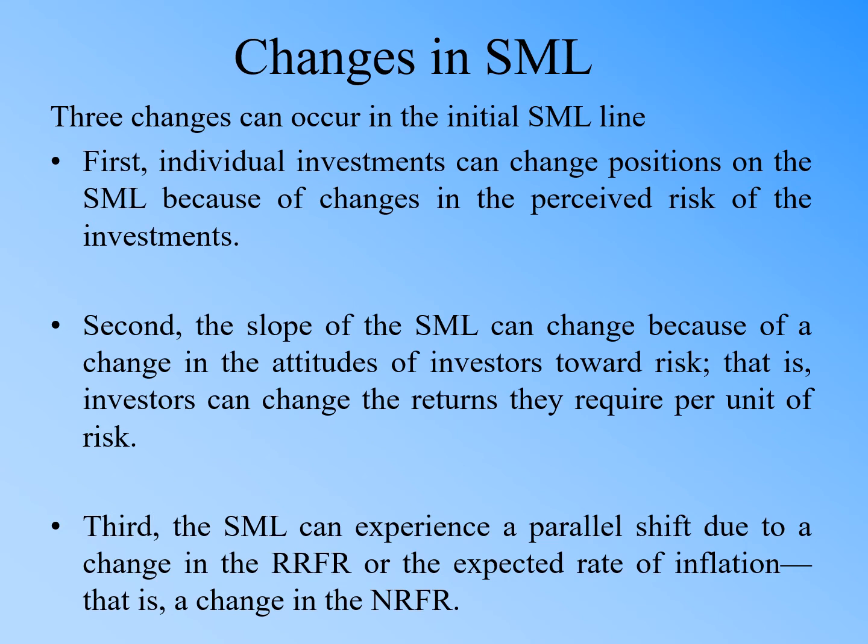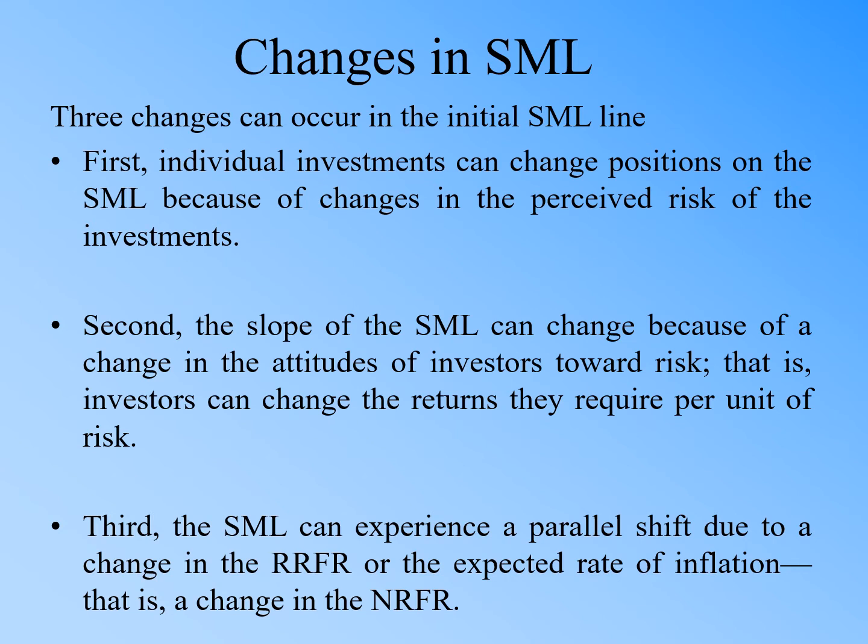Three changes can occur in the initial SML line, or security market line. First, individual investments can change positions on the SML because of changes in the perceived risk of the investment.